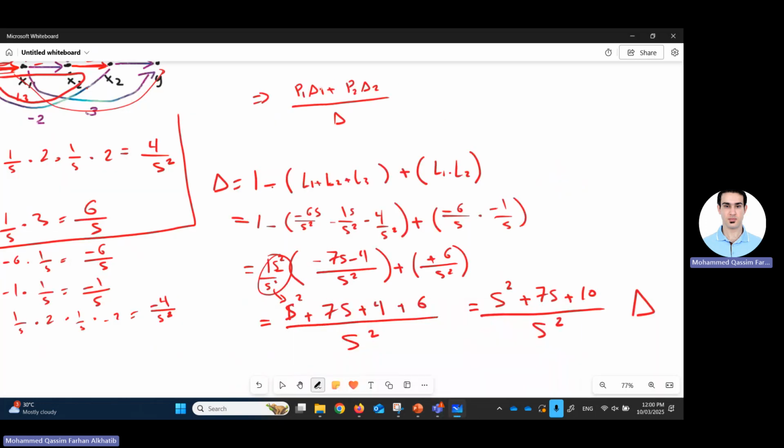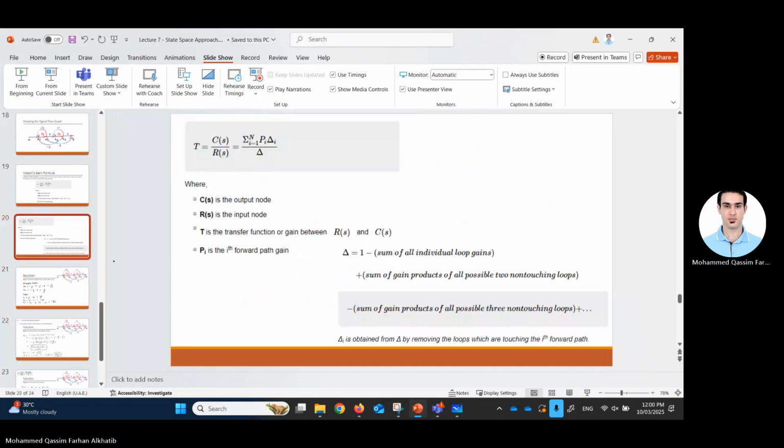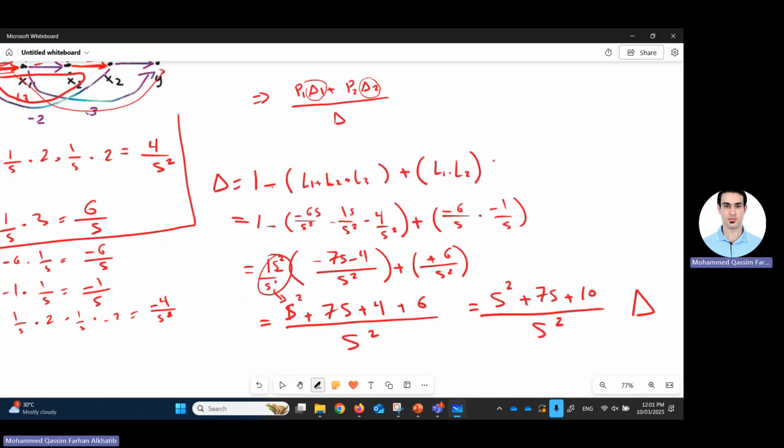Now the task then is to find delta 1 and delta 2. If we go back to the slides, each individual delta is obtained from delta by removing the loops which are touching the ith forward path. So we'll go back to the big delta here. So that's the big delta.